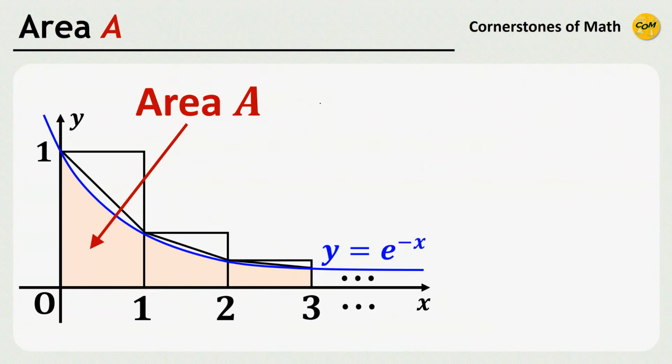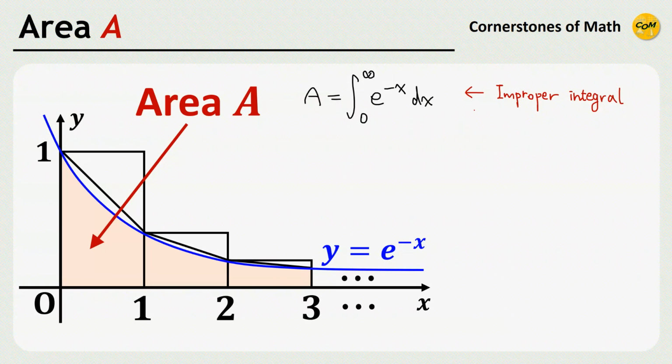First, area A, the area between the curve and the x-axis. This is quite easy since it is given as a simple integral. It is the integral of e to the power of minus x dx, x from 0 to infinity.